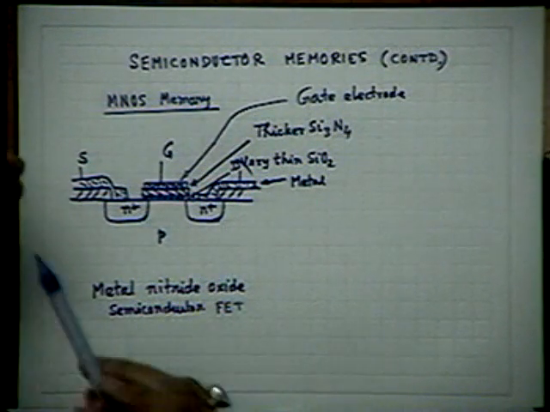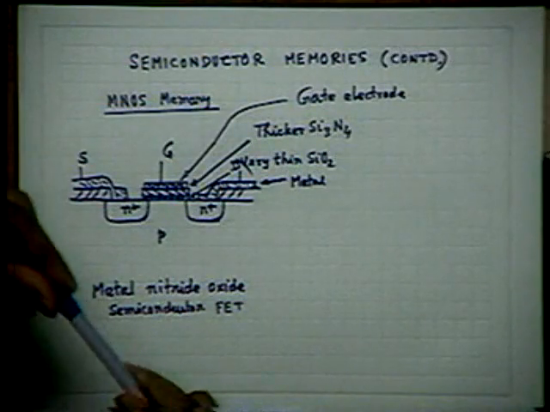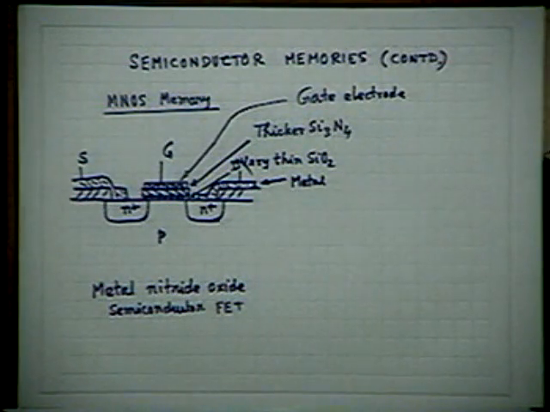Therefore, you see that the only difference this MOSFET has with respect to the conventional N-channel MOSFET is that its gate dielectric consists of two parts.